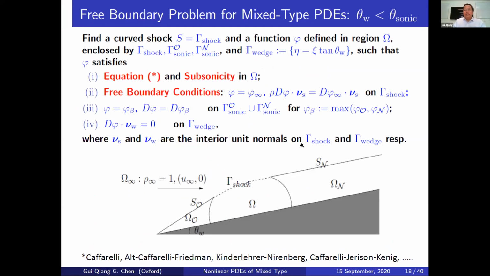I start with a small angle. And we regard the shock as a free boundary. Then on the shock, we have two conditions, the Rankine-Hugoniot conditions. And we hope to prove the inside is elliptic, that is, subsonic. Now, if subsonic, for the same reason I mentioned earlier, if we find a solution here, we want to put it together.